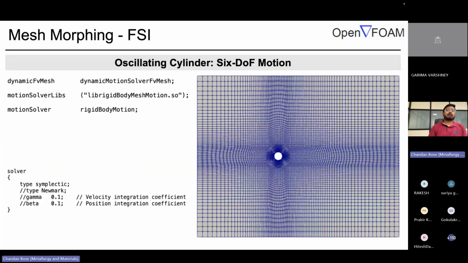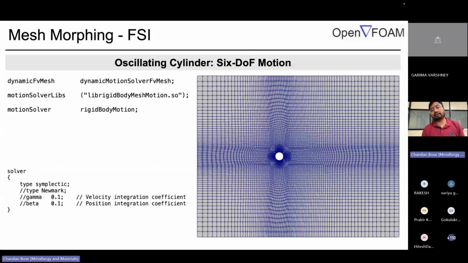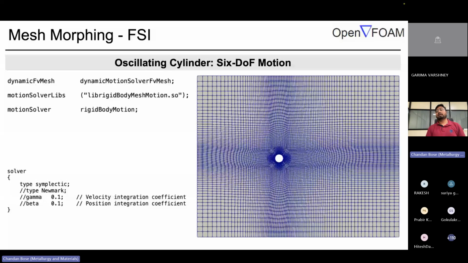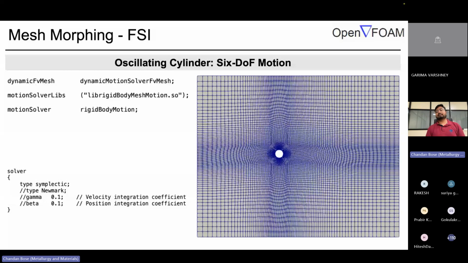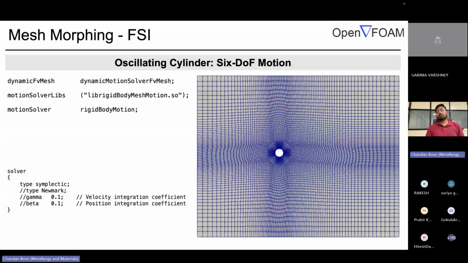All right. Now coming to fluid structure interaction, as you all know, it is a coupled phenomenon where we do not prescribe the motion of the body, but the fluid forces induce a motion on the body, and in turn the body motion induces a different pressure difference and fluid forces.